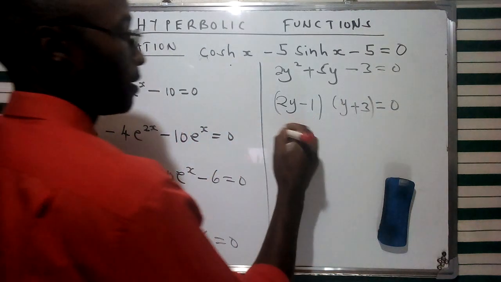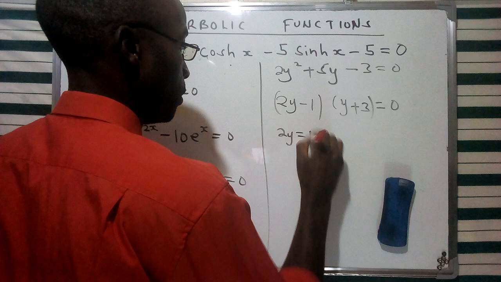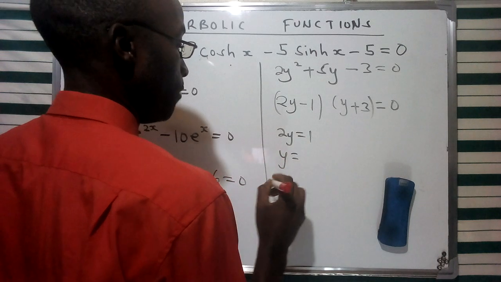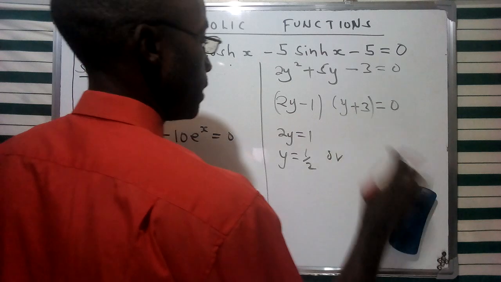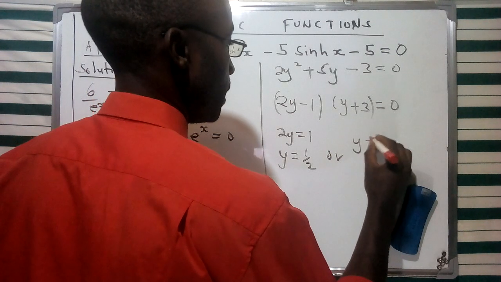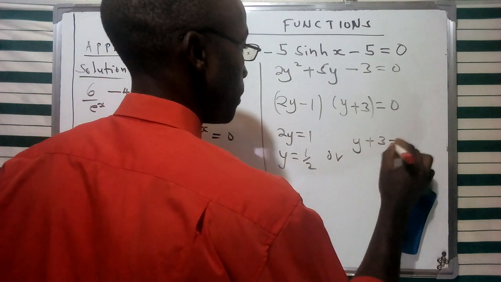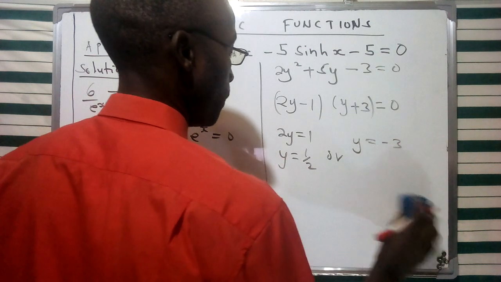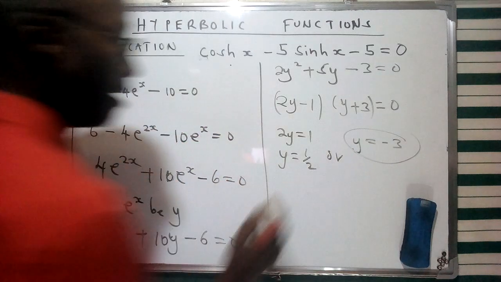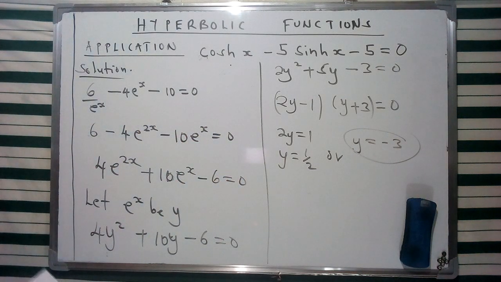So the factors are going to be 2y is equal to 1, so the value for y is a half, or y plus 3 is equal to 0, which is the same as y is equal to minus 3. So the value for y is going to be either a half or minus 3.